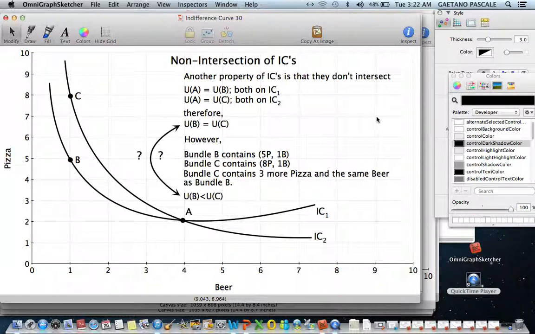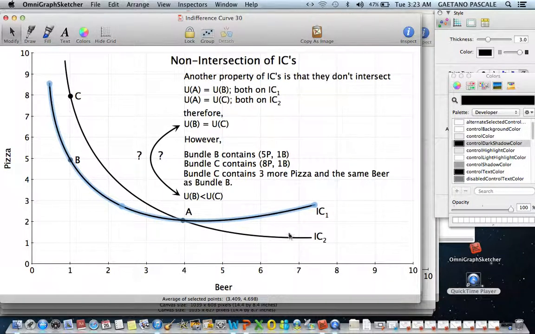Let's follow this through logically. Why is it impossible for this to occur? Well, one of the things that I told you is that if you're on the same indifference curve, you get the same level of utility. So for example, A and B are both on indifference curve 1, so the utility from them should be equal to one another.